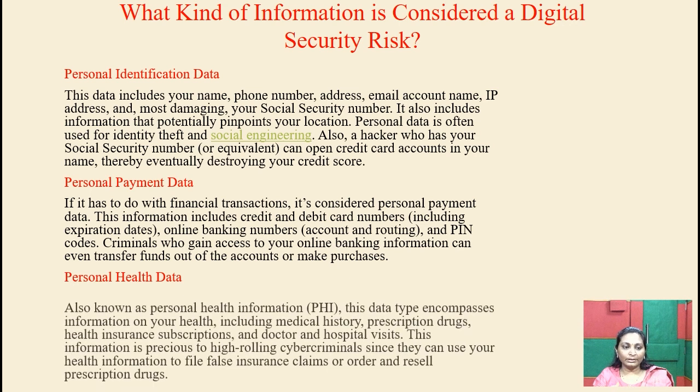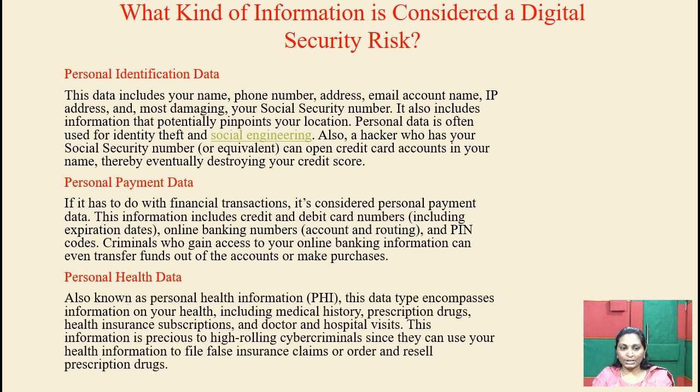Next is personal health data, that is PHI. PHI is also known as personal health information. This data type encompasses information on your health, including medical history. What is included in personal health information?